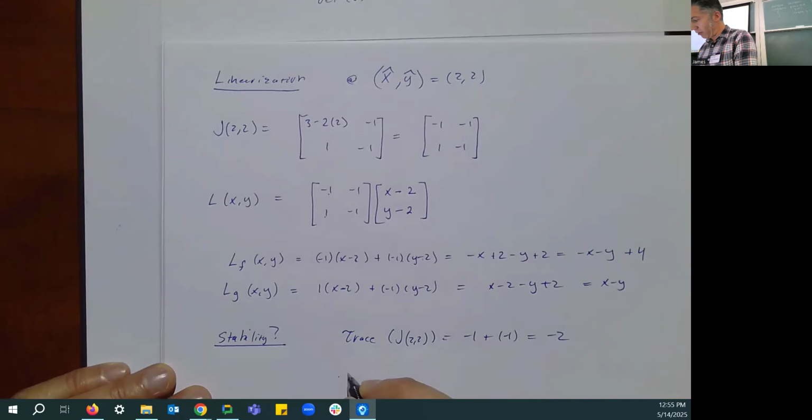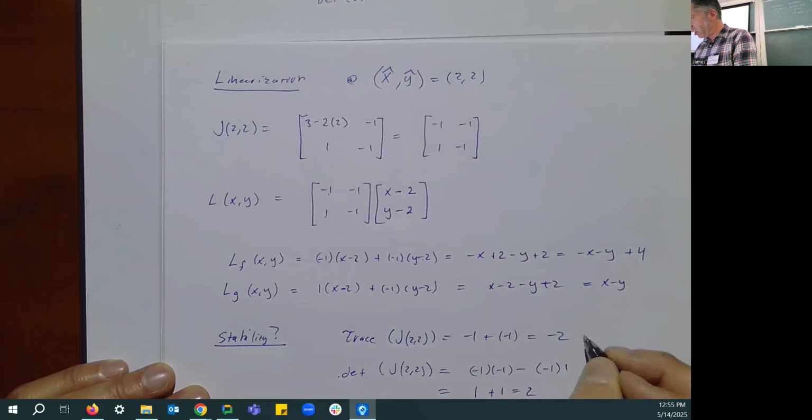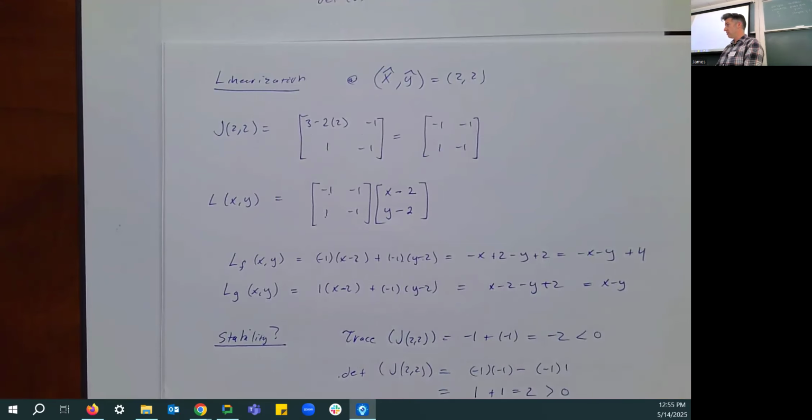And the determinant of our matrix is -1 times -1 minus -1 times 1, which is 1 plus 1, which is 2. And those are the things we need to be true for stability. So around the point 2, 2, this system looks stable.